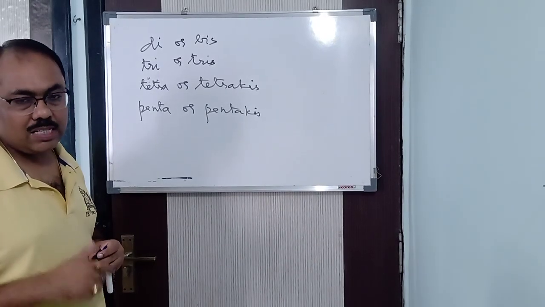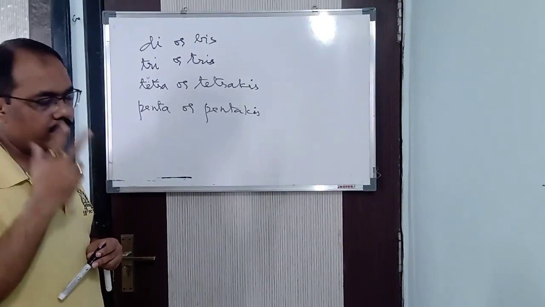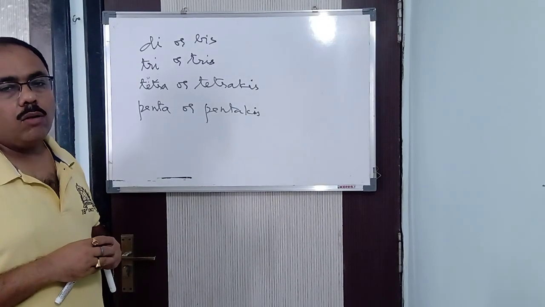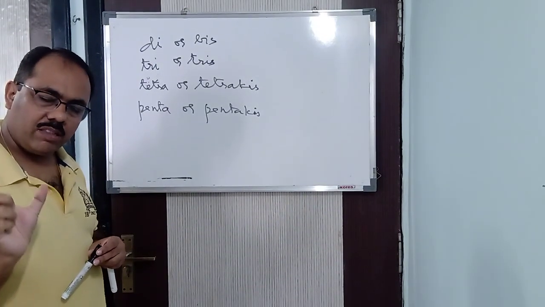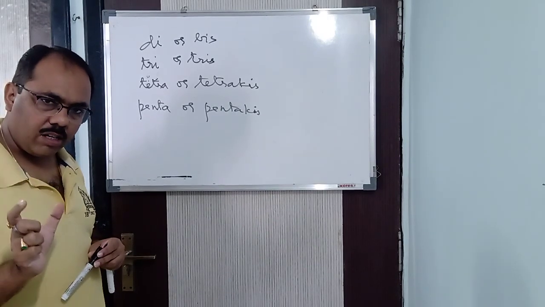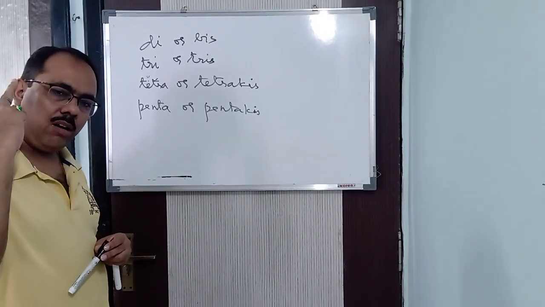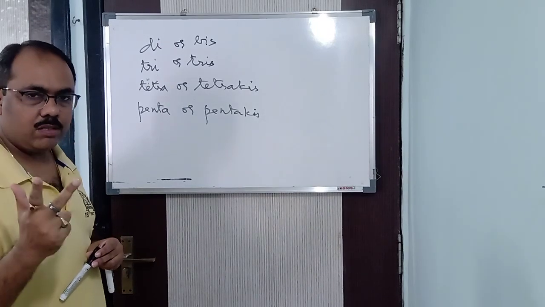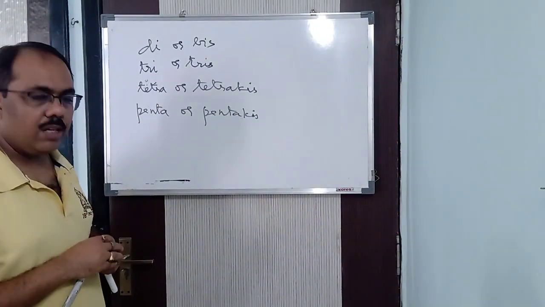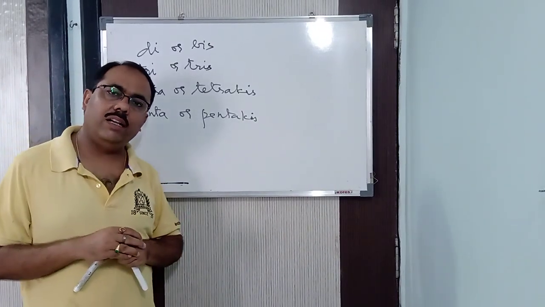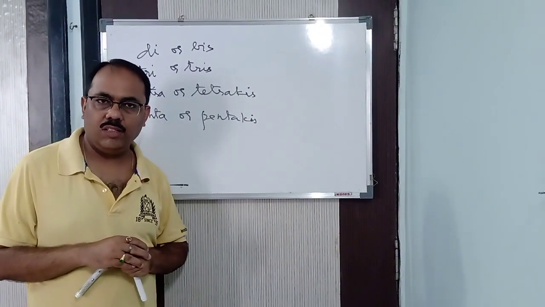Suppose this ethylene diamine occurs twice in a particular compound. Then you will say, sir, I will write diethylene diamine. No, it is wrong. Why?